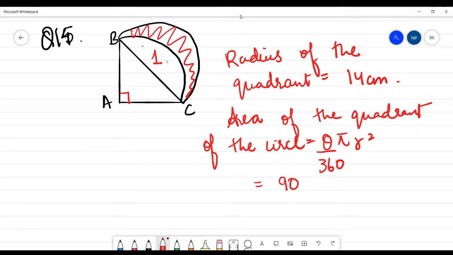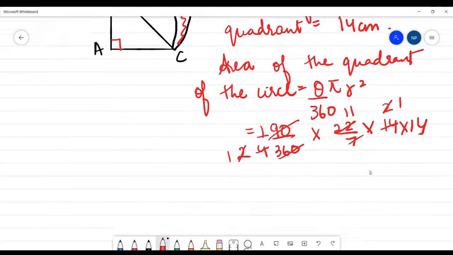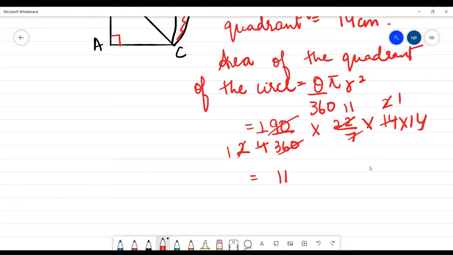So you have 90 upon 360 into 22 by 7 into r square, that is 14 multiplied by 14. This becomes 1 by 4. Then 7 twos are 14, 2 elevens are 22, and we are left with 11 multiplied by 14. So the answer is 154 centimeter square.